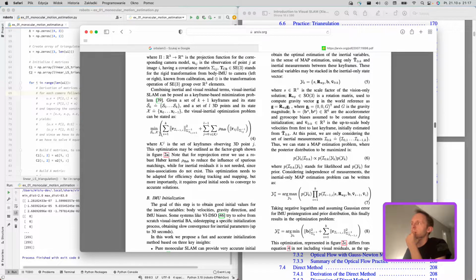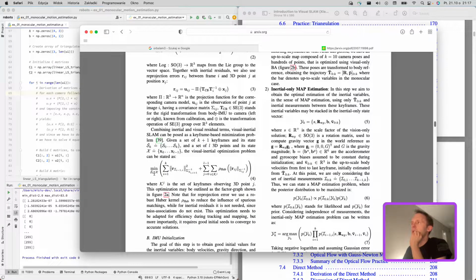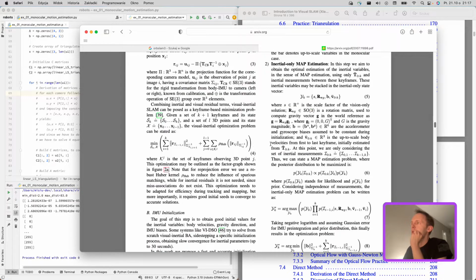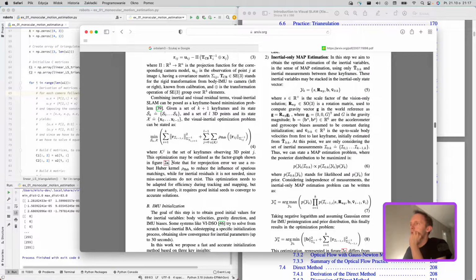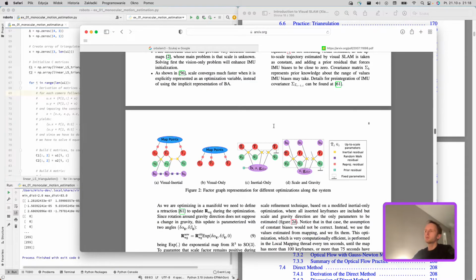So choose a set of 3D points and the set of states that jointly minimize this, and this is expressed as a factor graph. So basically they don't do any triangulation or PnP or anything like this. They just literally directly optimize it.